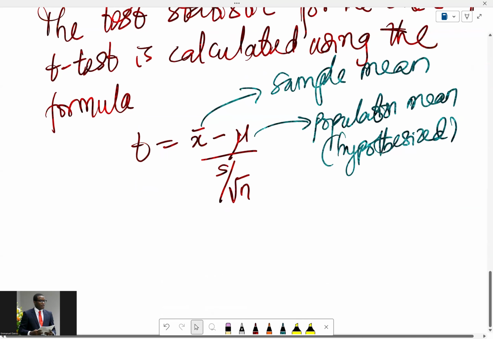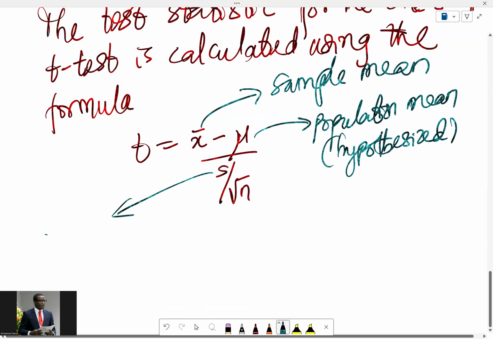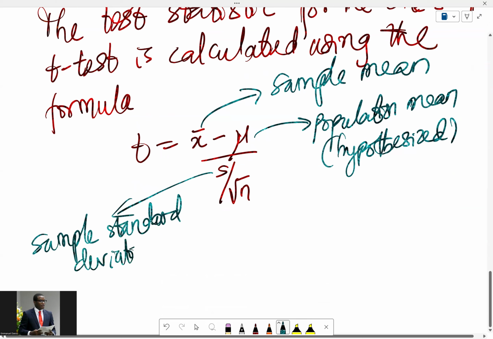And then you have the sample standard deviation, that's the S, or what you can call SE, standard error. And clearly N is the sample size. So that's how that goes.